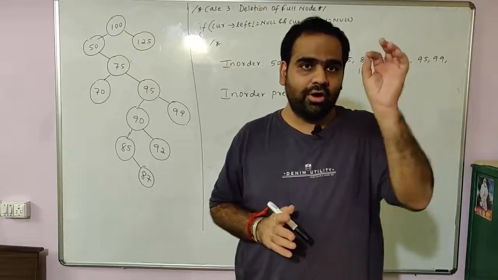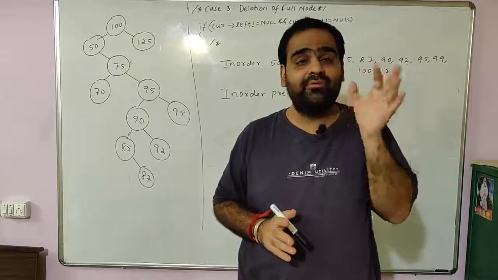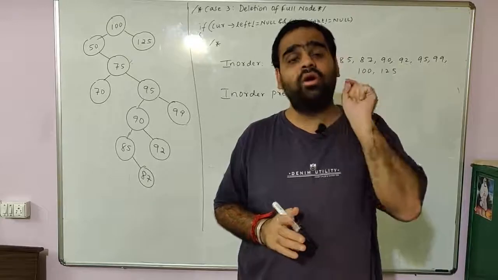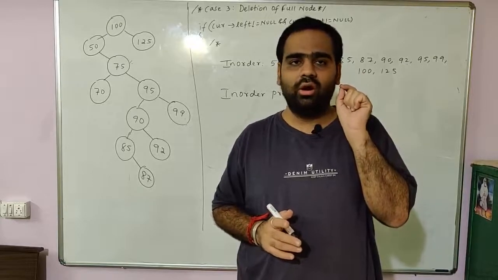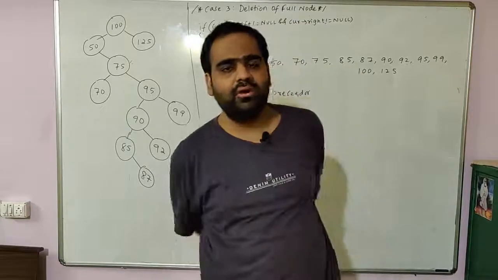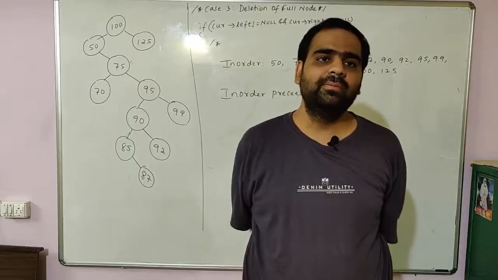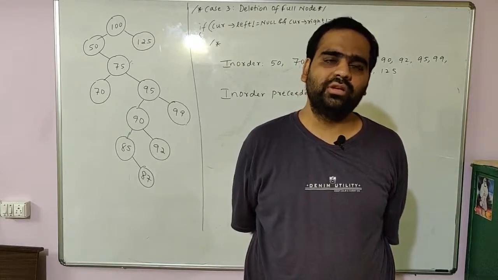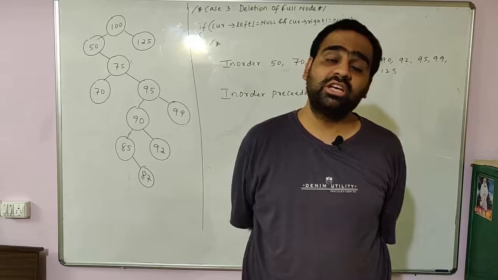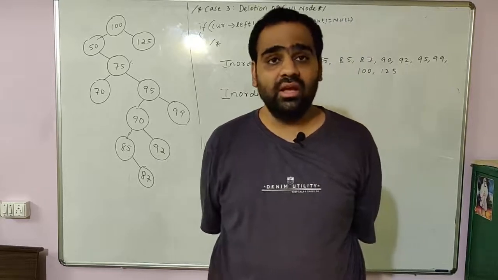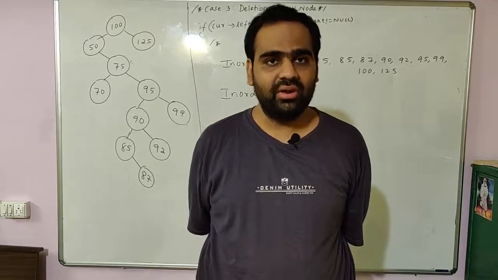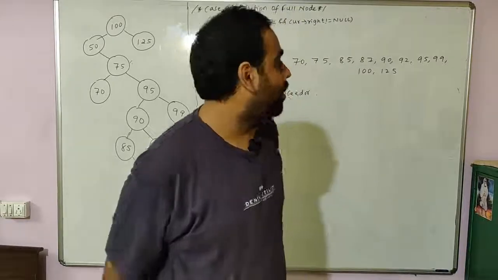The node which occurs just before the given node in the in-order traversal is called the in-order preceder. If you want, you can write it down. I am giving the definition.